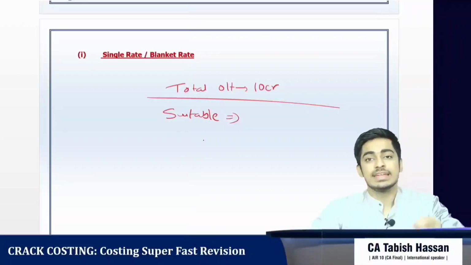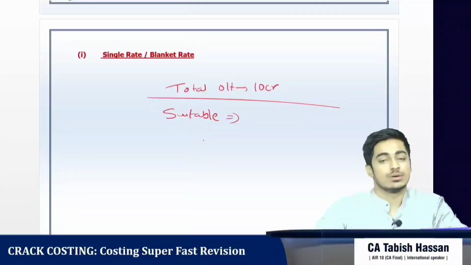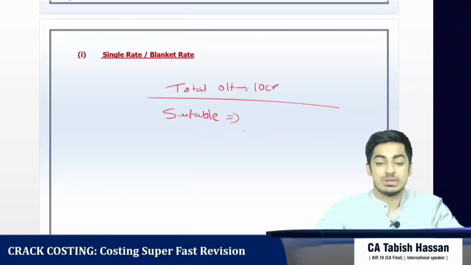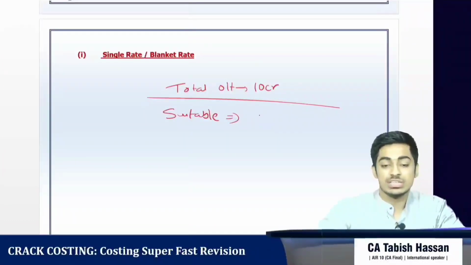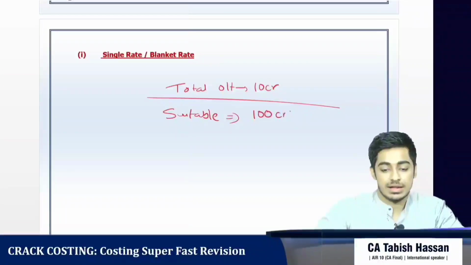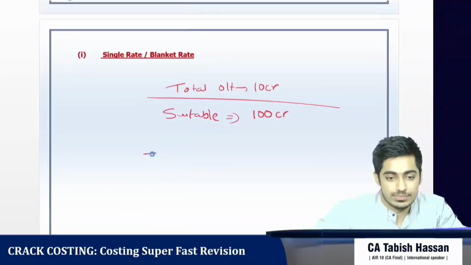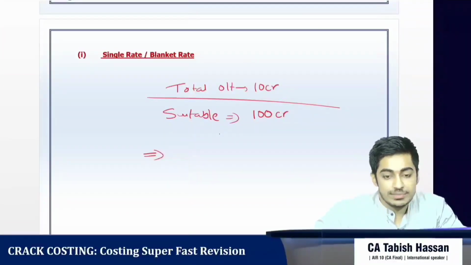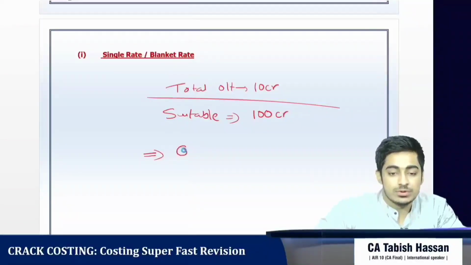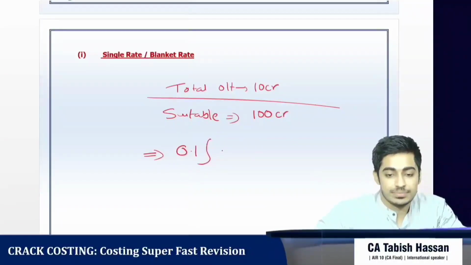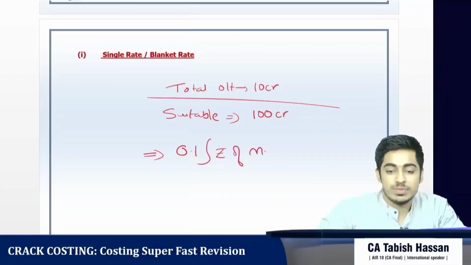Suppose we take it as a percentage of material cost. We take the basis as material cost. So the material cost incurred is 100 crores. So we get 10 crore divided by 100 crore is 0.1 per rupee of material.